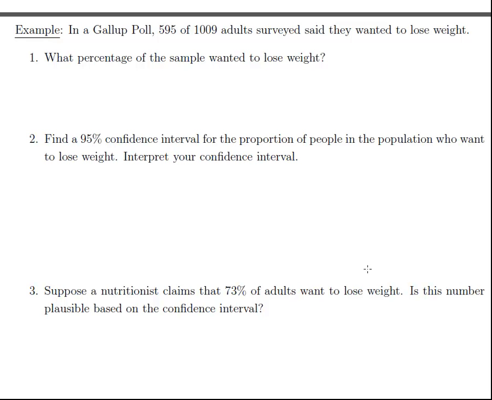So we have a Gallup poll, 595 of the 1,009 adults surveyed said they wanted to lose weight. And we want to know the percentage of the sample that wanted to lose weight. So we calculate the sample proportion. That would be p hat. That's pretty straightforward.